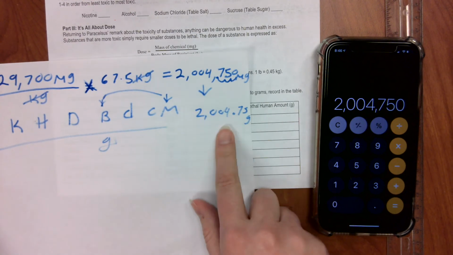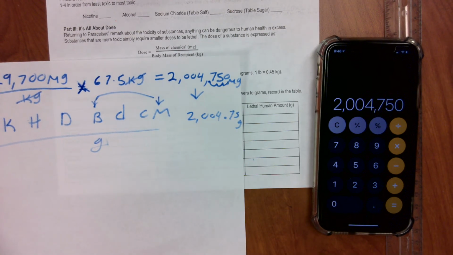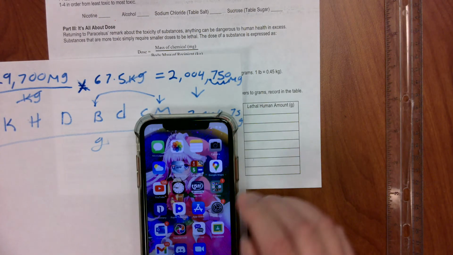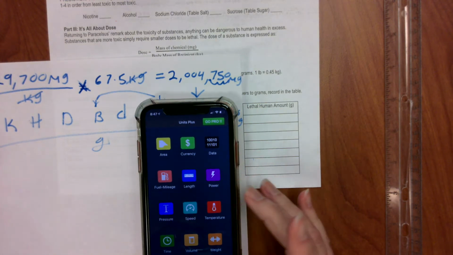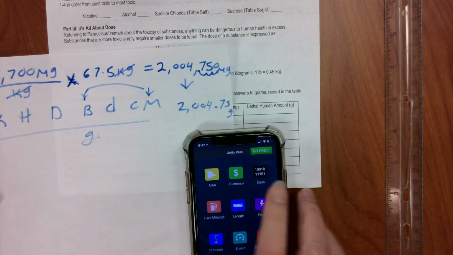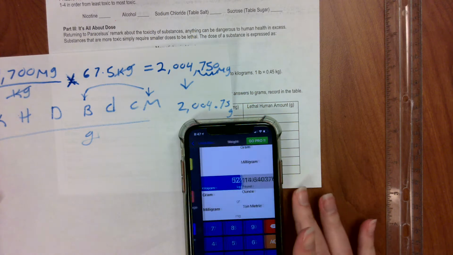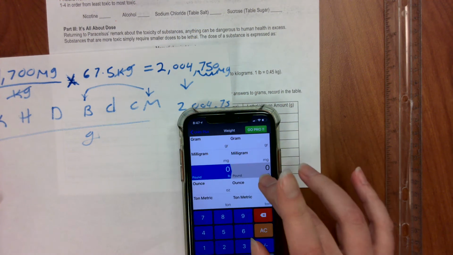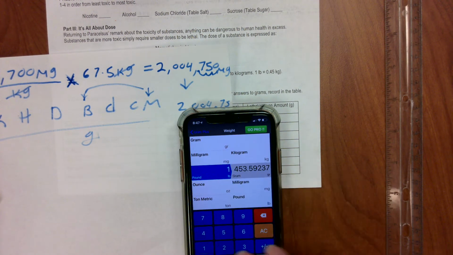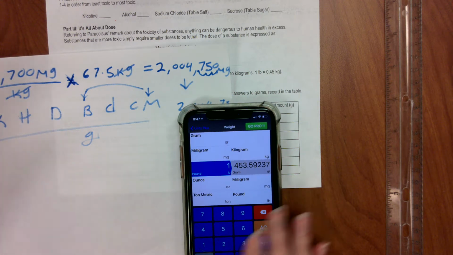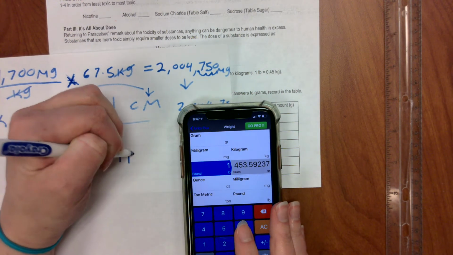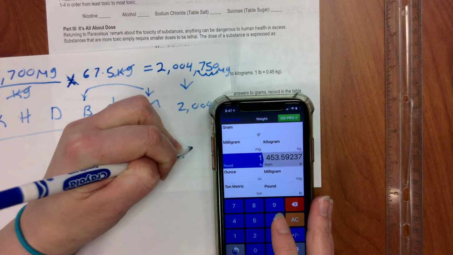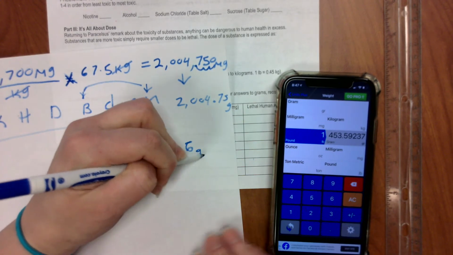If you wanted to convert that even further to know what it is in pounds, then you have to figure out how many pounds are in 1 gram. 1 pound is 453 grams. I'm just going to round that to 453.6 grams.